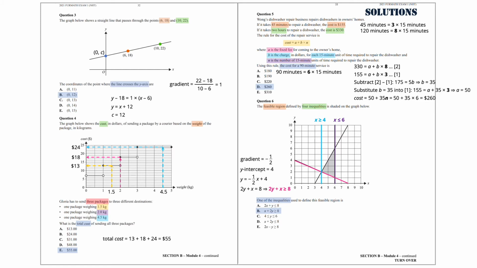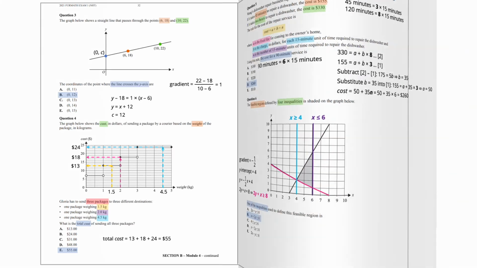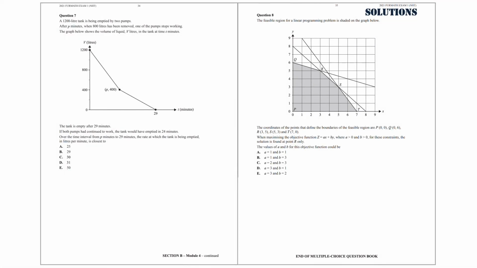We multiply the equation by 2 and we move the term in x to the left-hand side of the equation. So we have 2y plus x equals 8. For the feasible region, 2y plus x is greater than or equal to 8. Therefore, the answer we are after is option B.